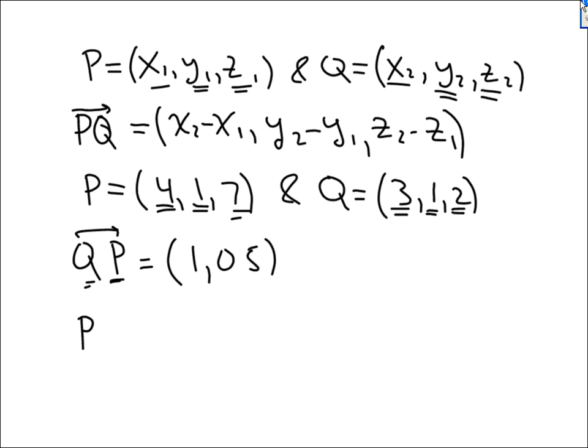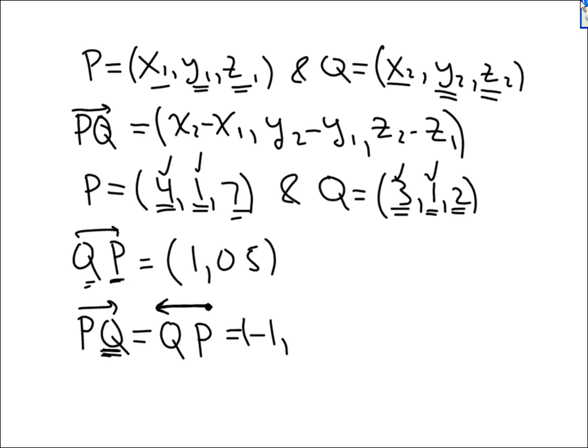If you wanted to do P to Q, the arrow is above Q. I've never really seen it written this way, but it's going from P to Q. You start here and go in the direction of the arrow to Q. Either way, you go into Q, so you do the Q minus the P. 3, take away 4, negative 1. 1 minus 1 is 0. 2 minus 7, negative 5.